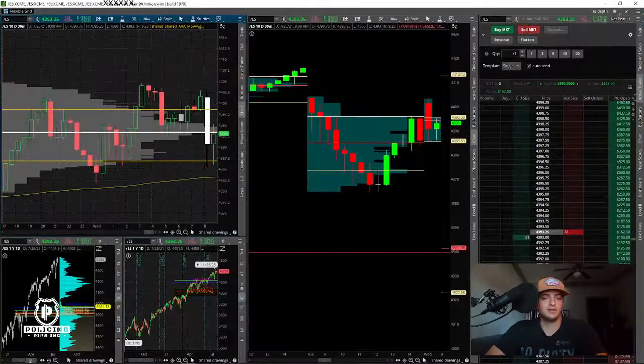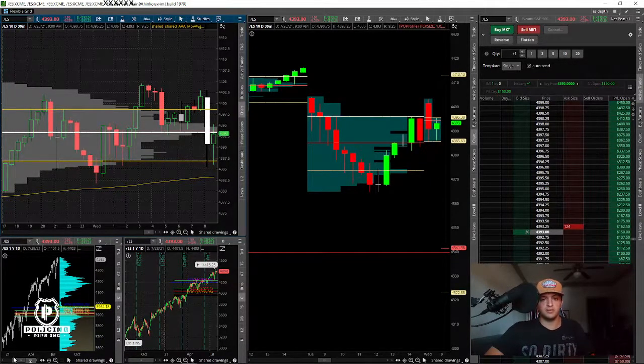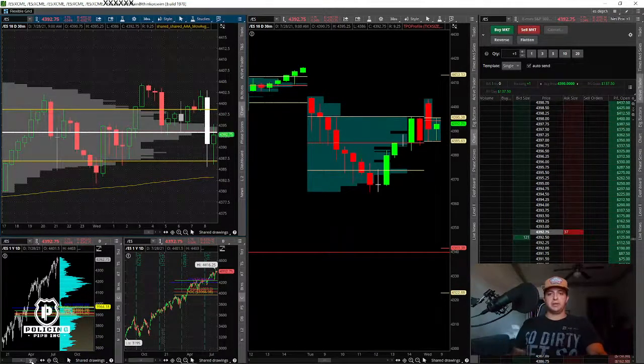Here's your value areas once I can see them. There we go. Push up right to the value area, the point of control right there. You've got 7.5 minutes till the close of the half hour and the hour since open.